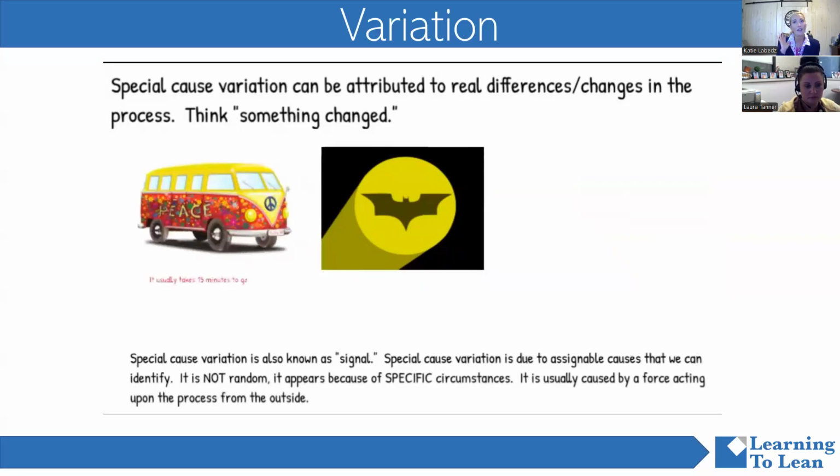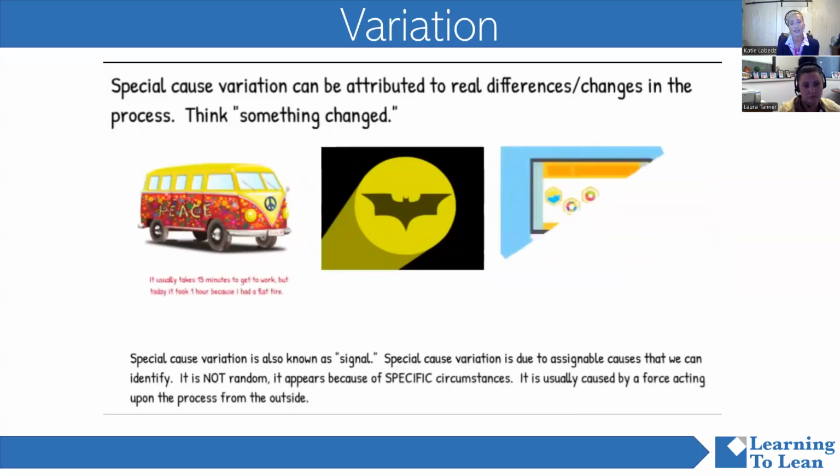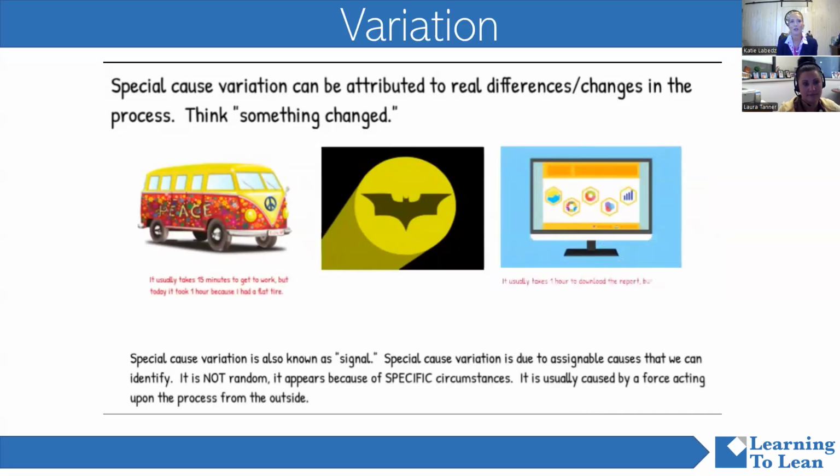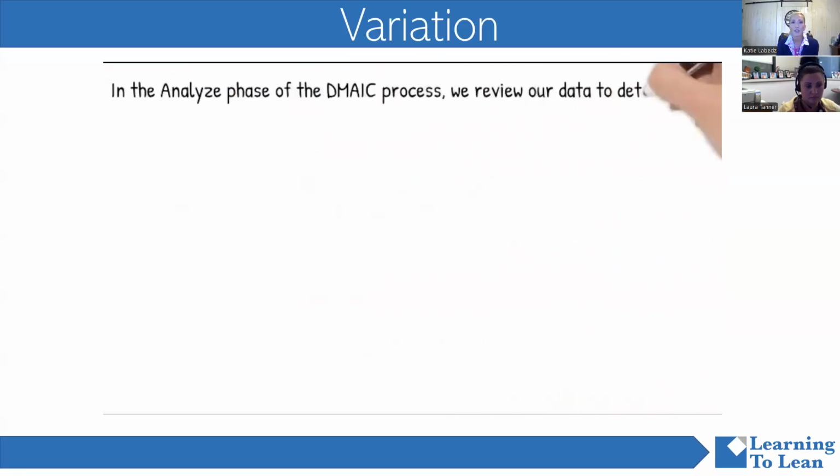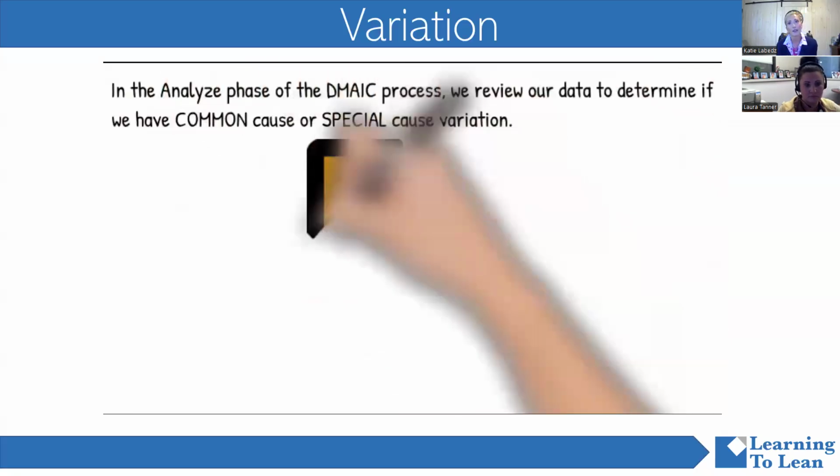It's usually caused by an outside force to the process, like driving to work and taking longer because you got a flat tire, or because of construction, or maybe in the past it took an hour to download the report, but today it took 2 days because there was a problem in the data center. So common cause is noise, special cause is signal.